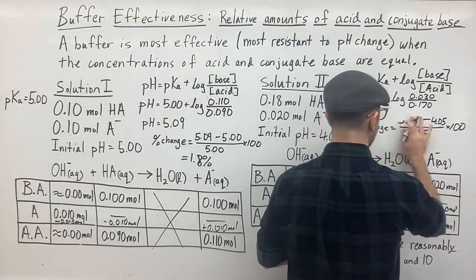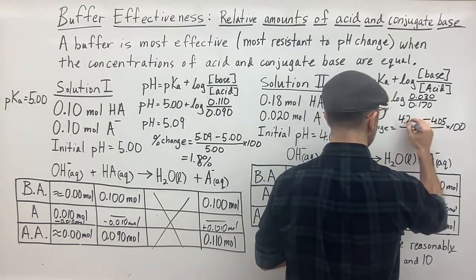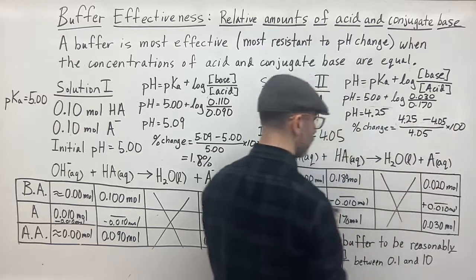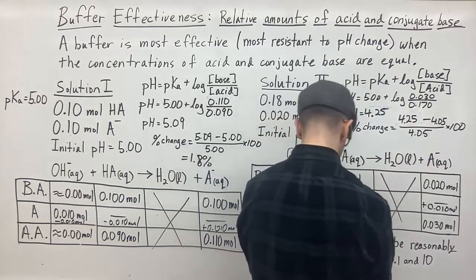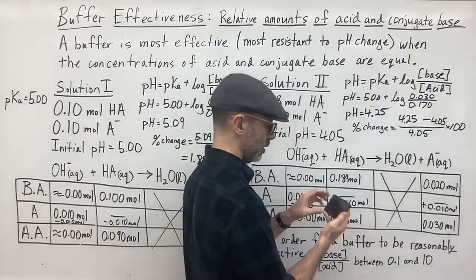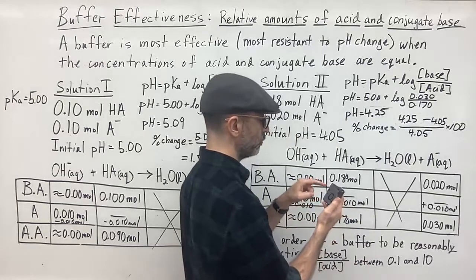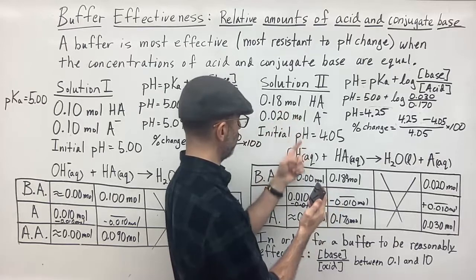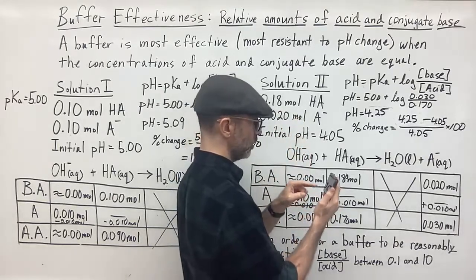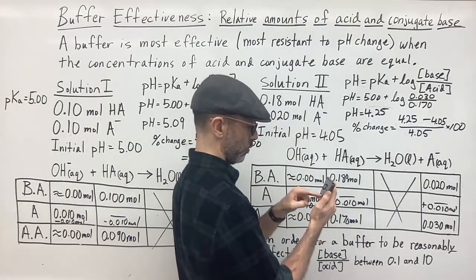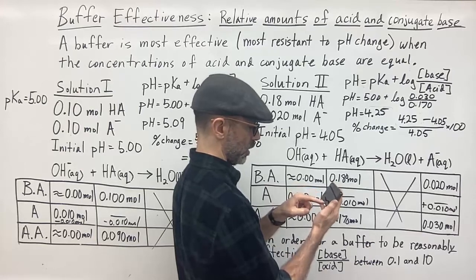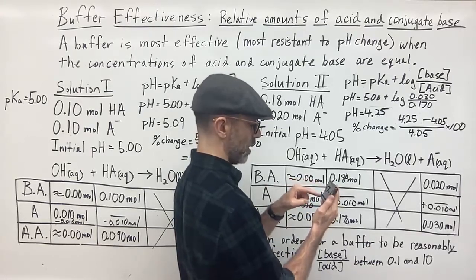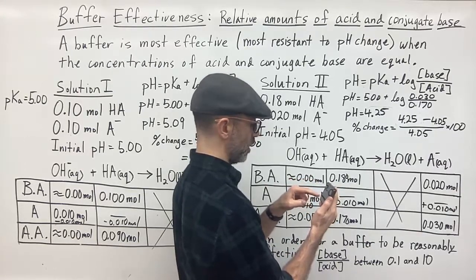So 4.25 minus 4.05. And then now we can get the right answer. So 4.25 minus 4.05, our initial pH, 4.05 equals, and then divided by 4.05.